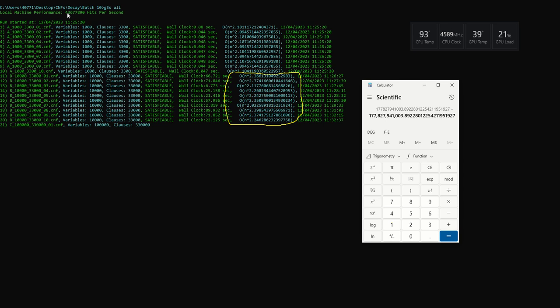divided by the power of the computer, basically 43 million hits per second. Let's divide this and see how many seconds it's supposed to take. It should take around an hour and a half, roughly, if the same complexity is kept.